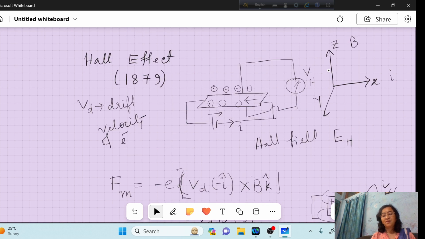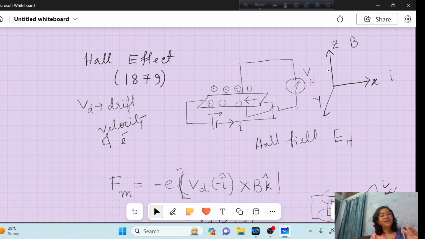If we stretch the middle finger, forefinger and thumb of our left hand in mutually perpendicular directions, then if the index finger points towards the magnetic field and the central finger points towards the current, the thumb will give you the direction of force.